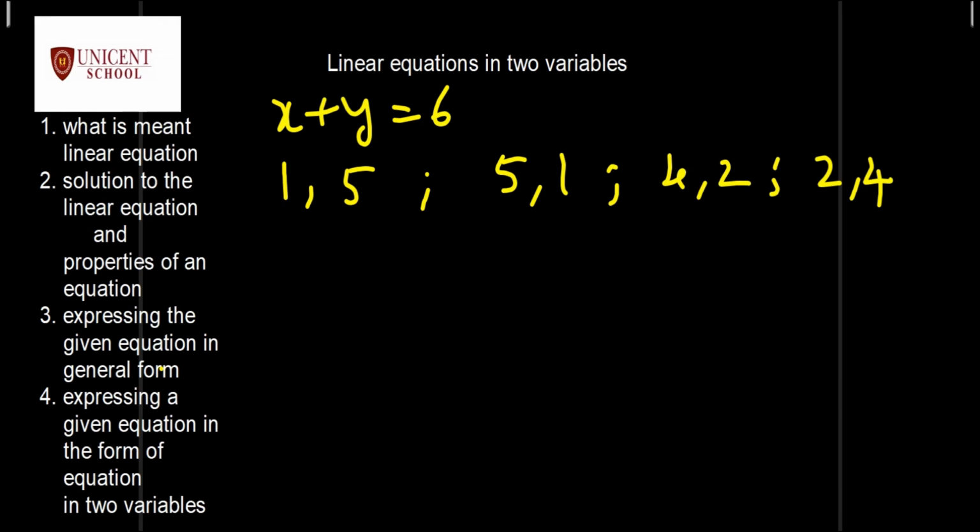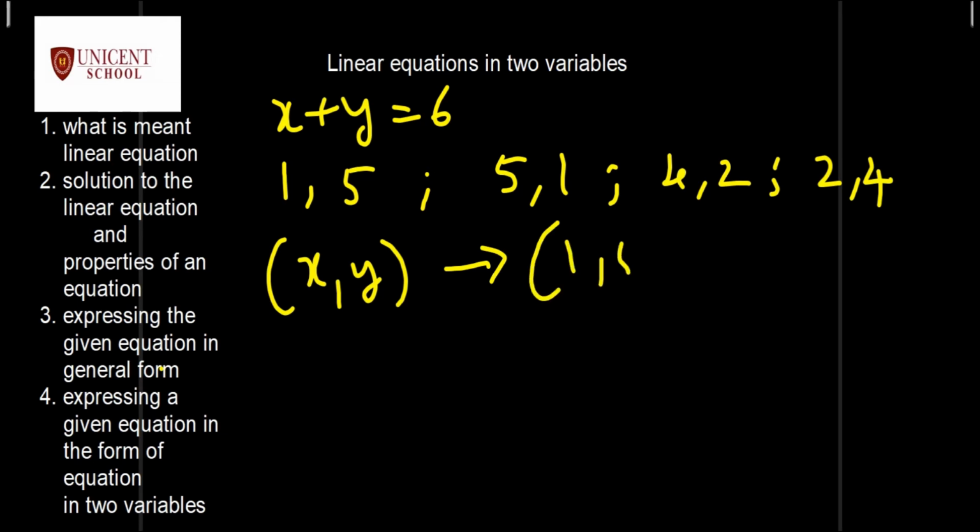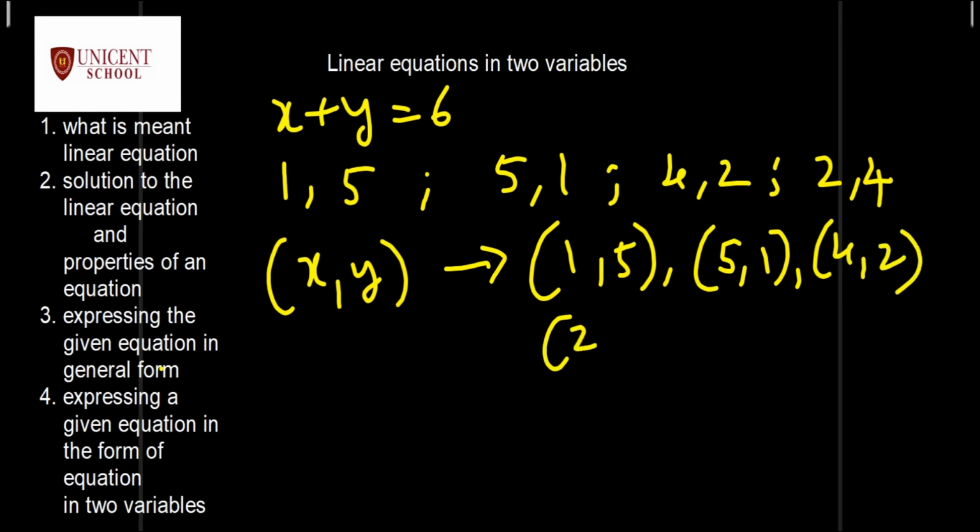But what is the correct method of representing the solution? We represent the solution in the form of an ordered pair where the first value represents the x value and the second value represents the y value. That means I can write it as (1, 5), (5, 1), (4, 2), (2, 4), etc. That means it has an infinite number of solutions.